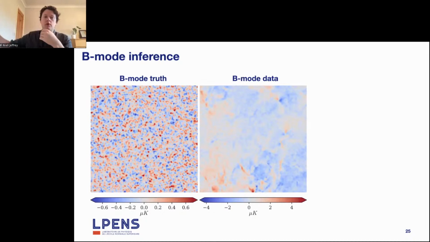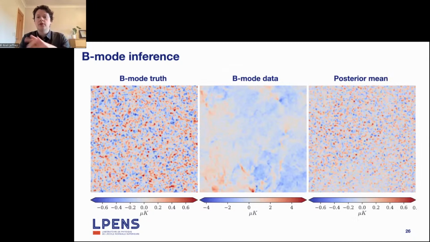So this is a completely new, unseen simulation of the foregrounds. All our moment network sees is just the B-mode data. It doesn't see the truth, and it's able to generate this posterior mean here. So it's able to come up with an estimate of the posterior mean of each pixel value.